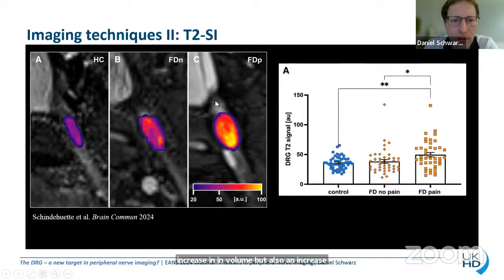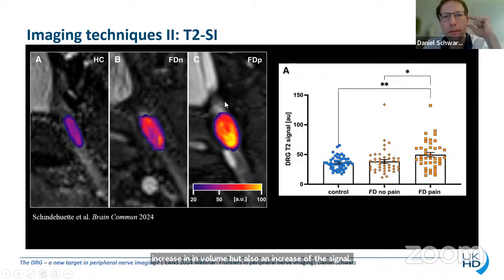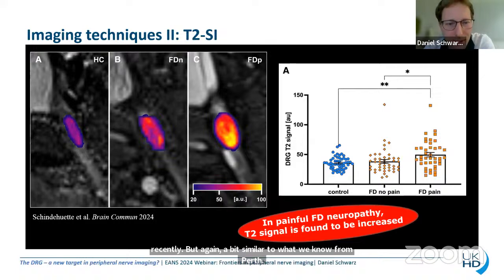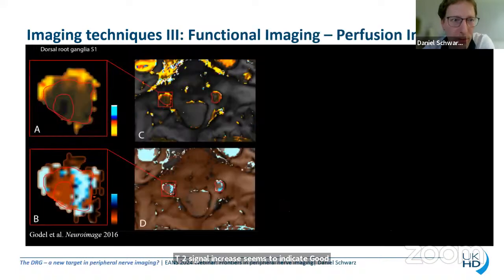The most severe signal increase is here in the neuropathic phenotype of Fabry disease. This is a finding which was presented only very recently. But again, a bit similar to what we know from peripheral nerves, a T2 signal increase seems to indicate pathology in general.